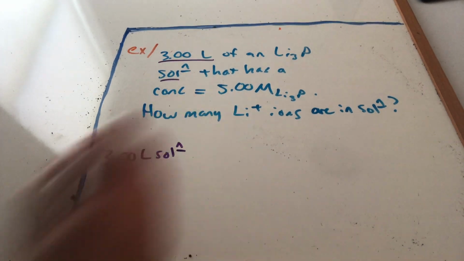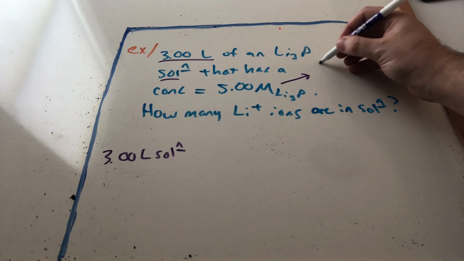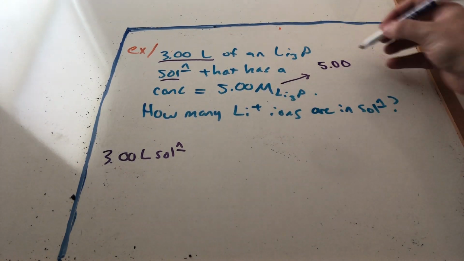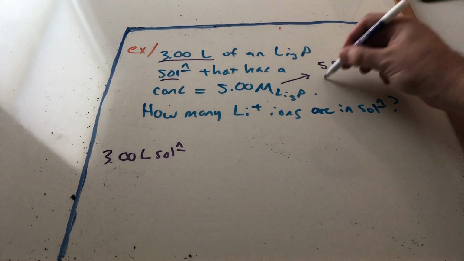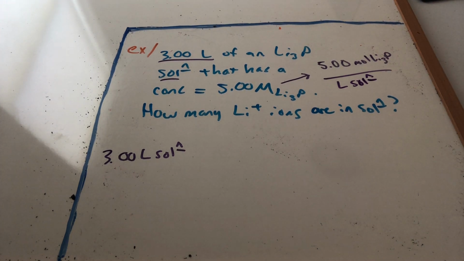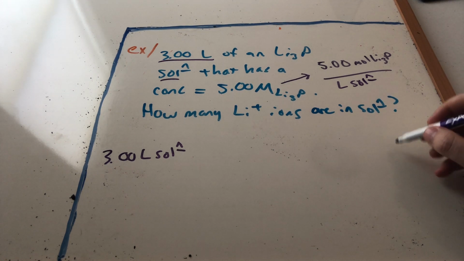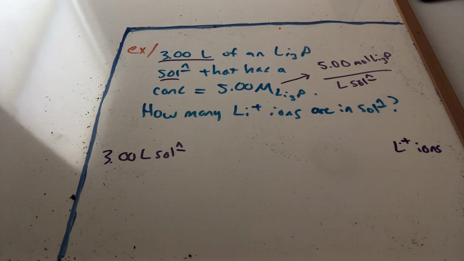That goes on my left-hand side. We're given a concentration of 5 molar. Remember, I like to write big M as 5.00 moles of Li3P per liter of solution. I like to break it down to see the conversion factor at the beginning. And what are we trying to get to? We're trying to get to number of ions. We're trying to count the number of lithium plus ions that result.